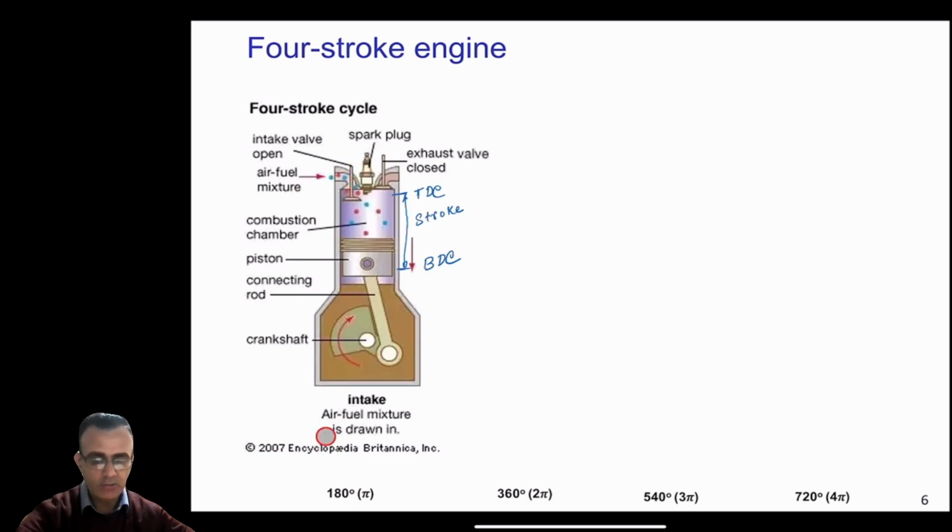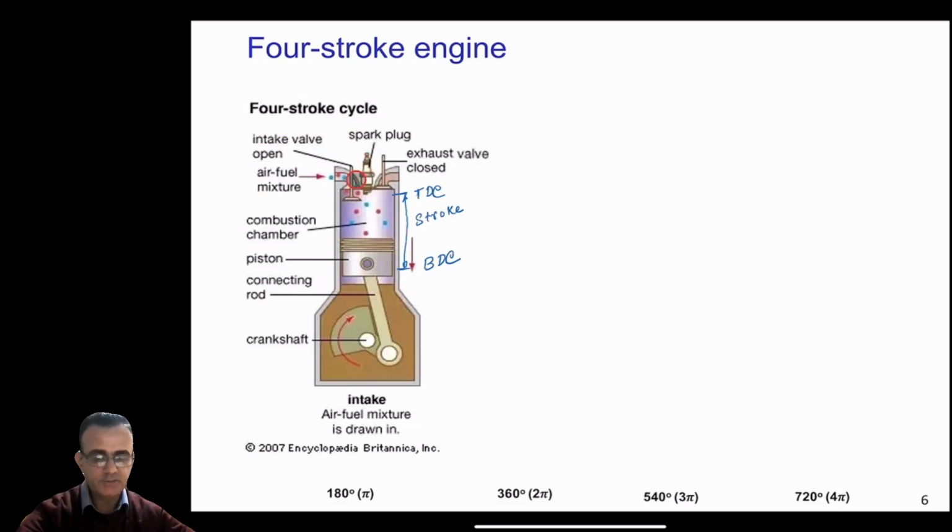So you have the crankshaft, which is this part here, and the crankshaft is rotating in this direction, and then this is the connecting rod, which connects the crankshaft to the piston, and this is the piston here. This is the combustion chamber where you burn the air fuel mixture, and the air fuel mixture comes to this port here, and we have a valve here, which we call the intake valve.